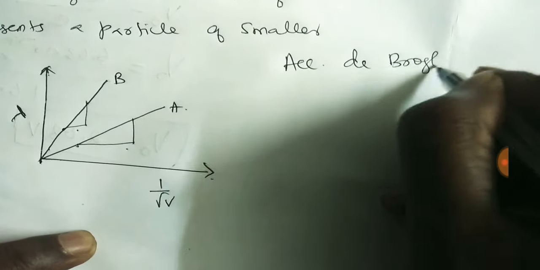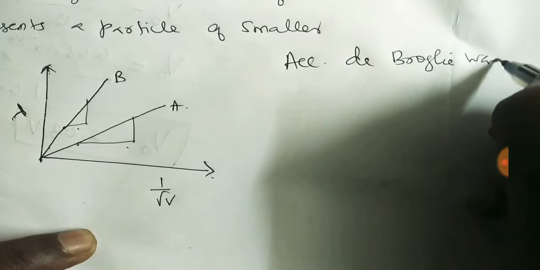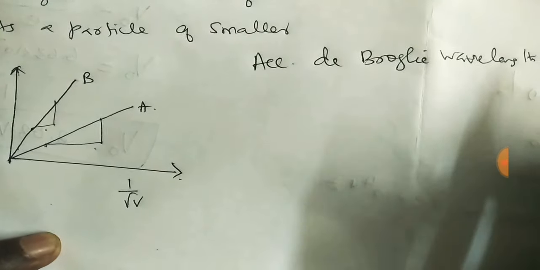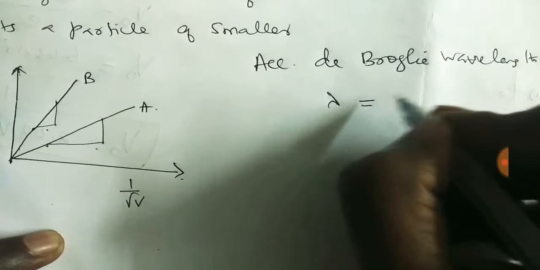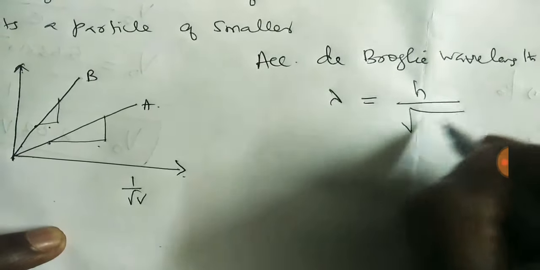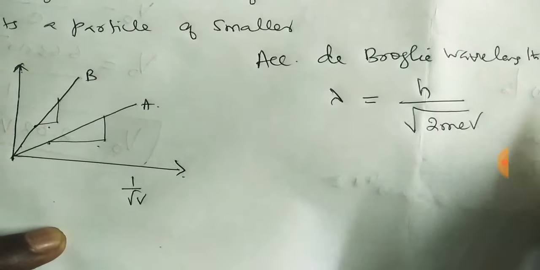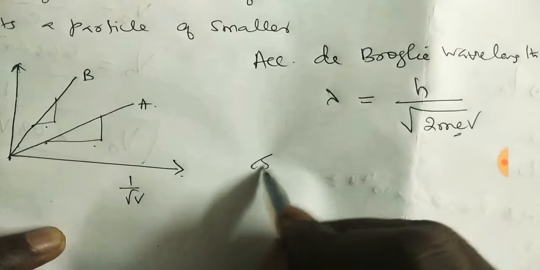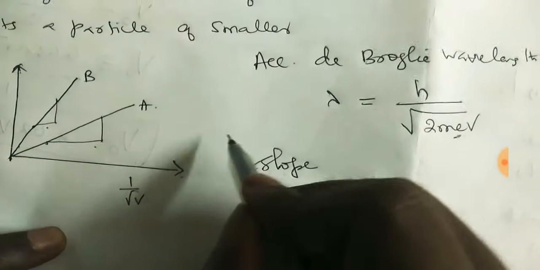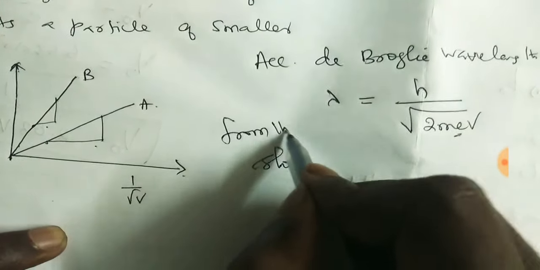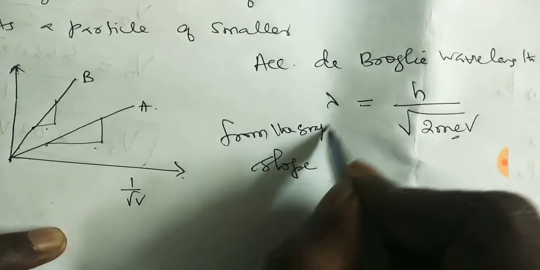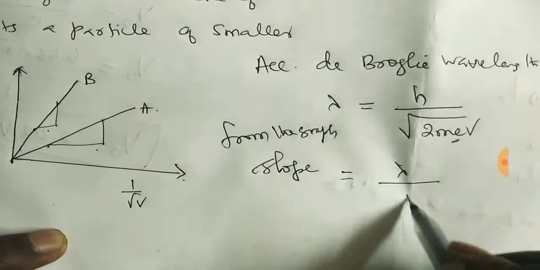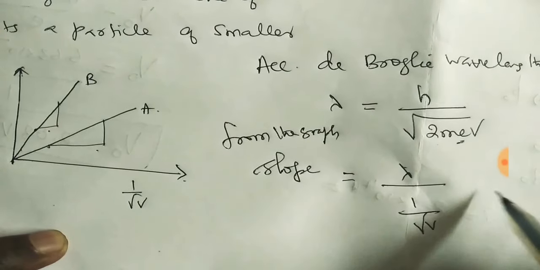According to the de Broglie wavelength, lambda equals h divided by root of 2 m e V. It's the same charge. What is the slope? From the graph, slope is nothing but lambda divided by 1 by root V. Substitute the value.